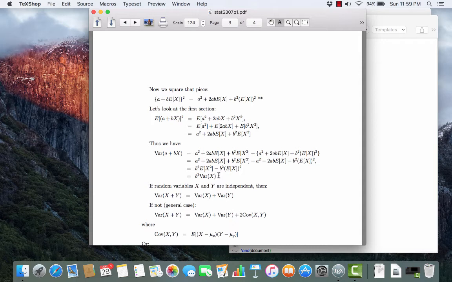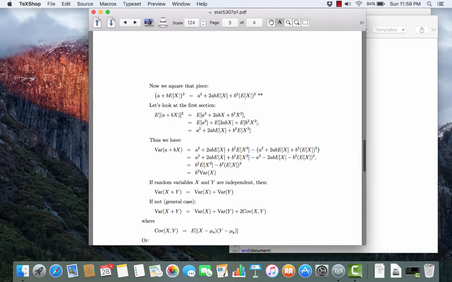Okay? All right. Let's take a look at this: if x and y are independent, then the variance of x plus y is equal to the variance of x plus the variance of y.